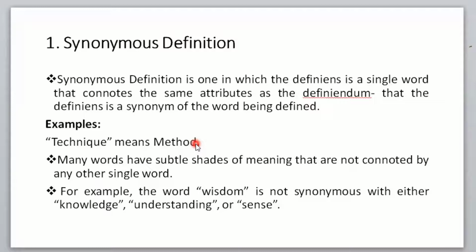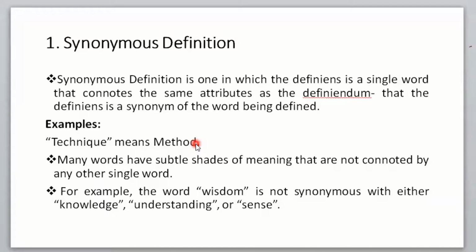If they have similar attributes, so the attributes of the method and the technique are similar, we can use them interchangeably, so that we can take this definition as a synonym definition.